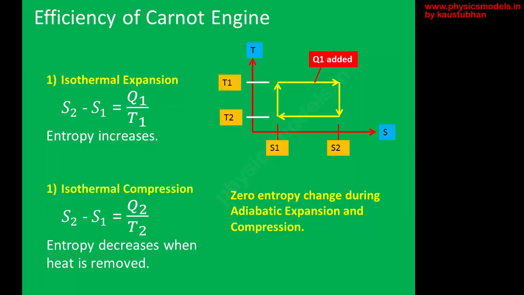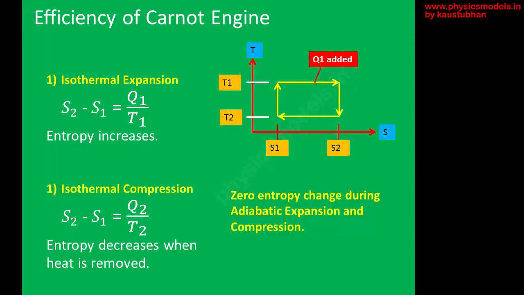So the change in entropy S2 minus S1 is Q1 by T1. In the bottom horizontal yellow line, which is the isothermal compression, the gas is giving heat to the surroundings. So the change in entropy there is Q2 by the temperature at which it's happening, which is T2. Here the entropy is decreasing.